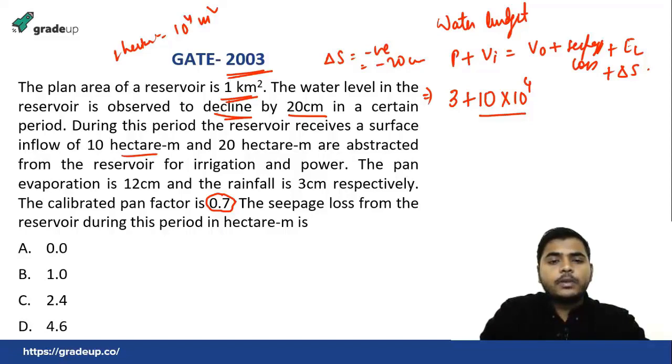Divided by, we have to convert it into centimeter, so 10 to the power 2, by again 1 kilometer square area is given, so 10 to the power 10.